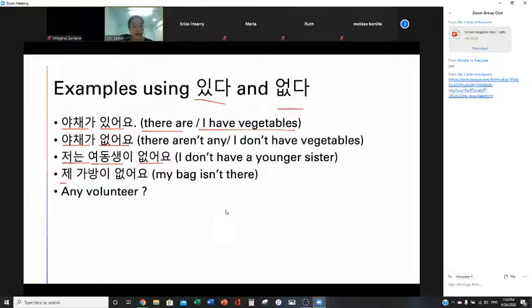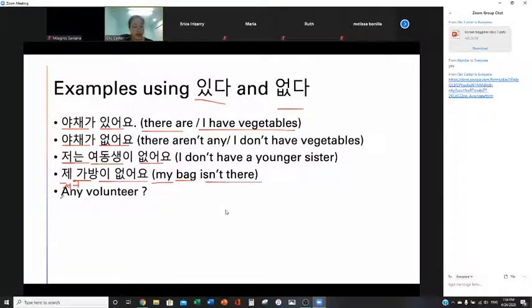So 가방 belongs to me because 저의 is a possession. 의 was added to 저, so 저의 was shortened to 제. That's why it's possession. So my 가방, my bag, isn't there. 이 없어요.